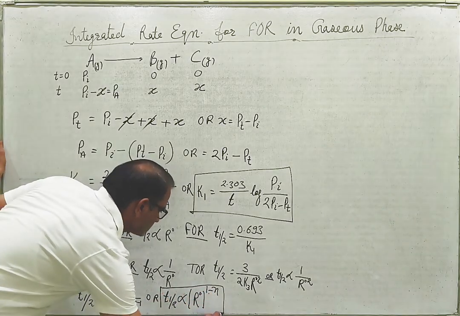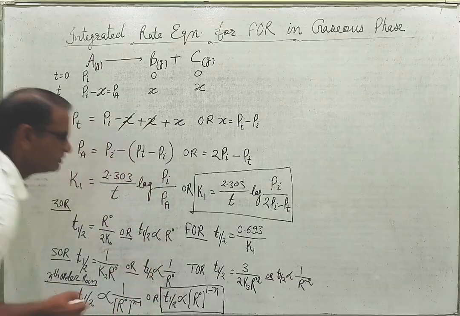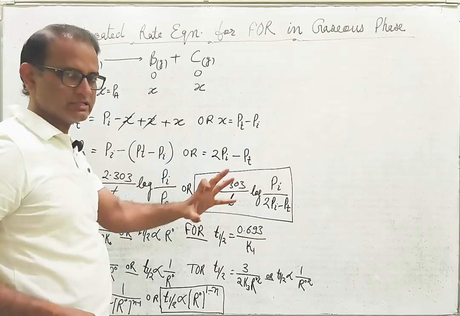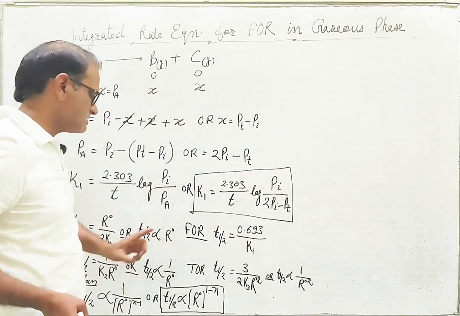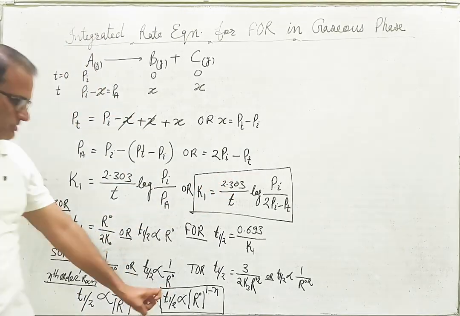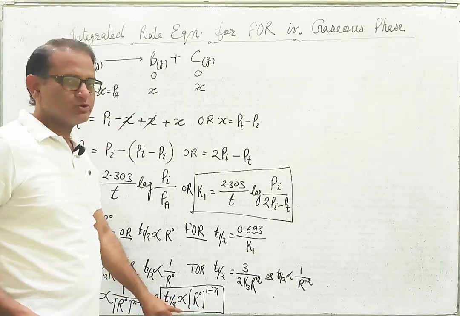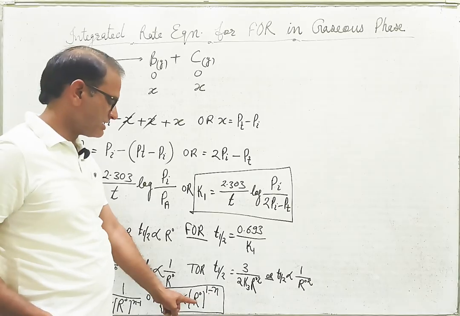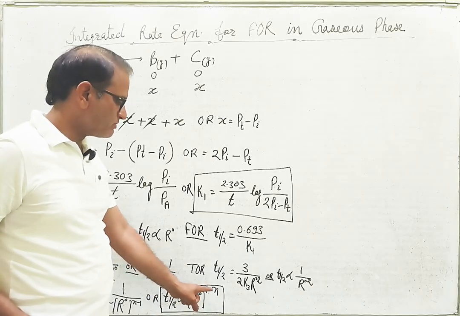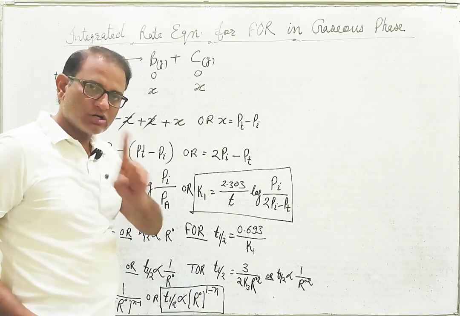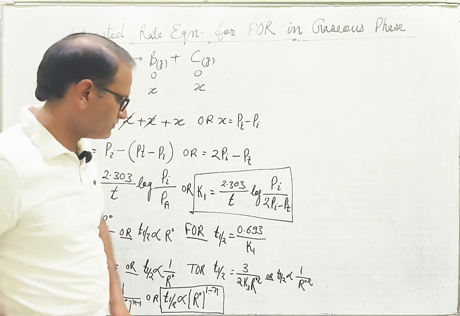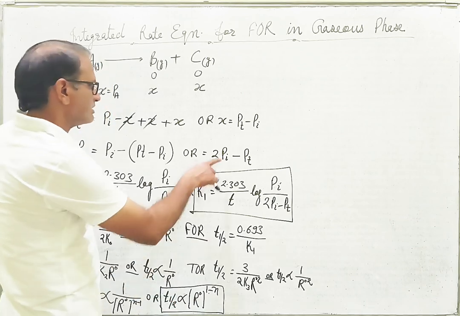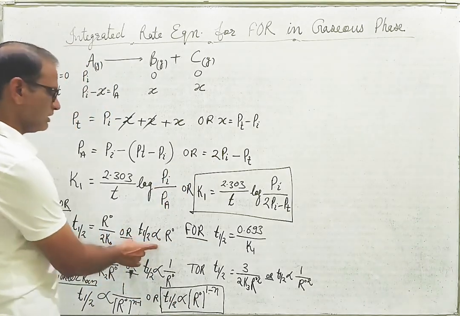So this is what I actually wanted to conclude. The T half of any order reaction, if we are asked, then we can analyze from this equation. T half is directly proportional to the initial concentration of reactant raised power 1 minus n, where n is the order of reaction. For zero order reaction, T half is directly proportional to R naught.